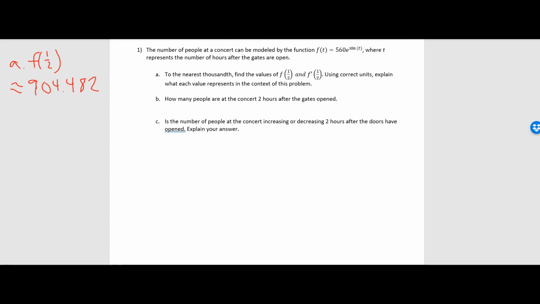So what do our f of t values represent? Well, t values represent the number of hours after the gates are open, and the f of t values represent the number of people at the concert. So this is approximately the number of people, a little over 904, that we could expect at the concert half an hour after the gates are opened.